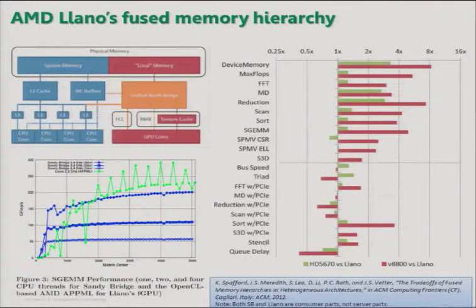So even the memory systems are combined. It doesn't necessarily mean you can load and store to those memory locations from either device, but it makes it much, much faster and much lower latency to transfer that data.